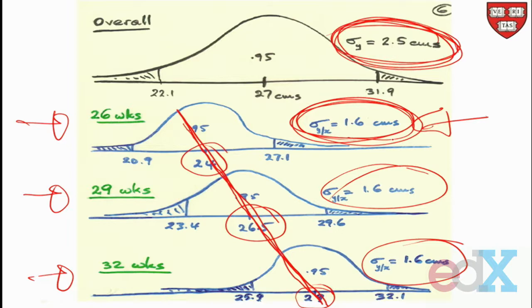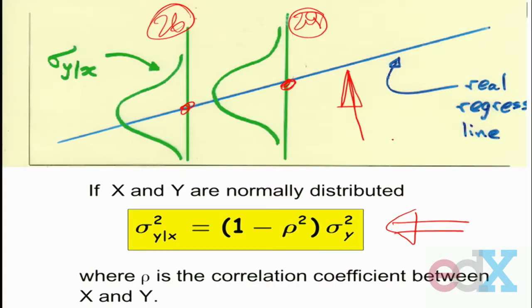Square that and you get your variances. So here's the relationship. The variance when you bring x into the picture is equal to the variance when you ignore x multiplied by 1 minus rho squared.